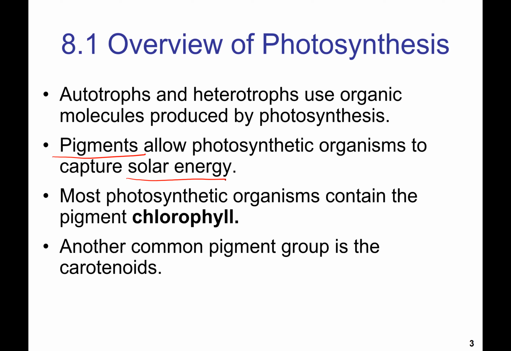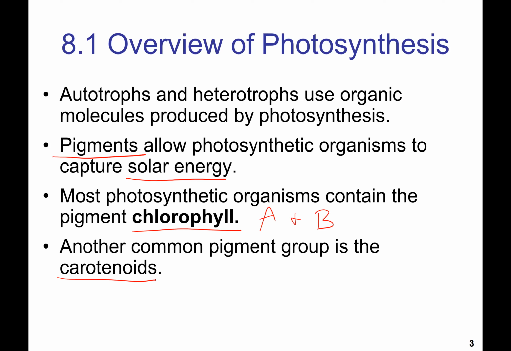And the main pigment that we're going to be dealing with is chlorophyll. You'll note that throughout this PowerPoint, there's two kinds of chlorophyll, chlorophyll A and chlorophyll B, and they just differ in the wavelength that they're going to absorb and reflect. We'll talk more about that later. But another common pigment is carotenoids.